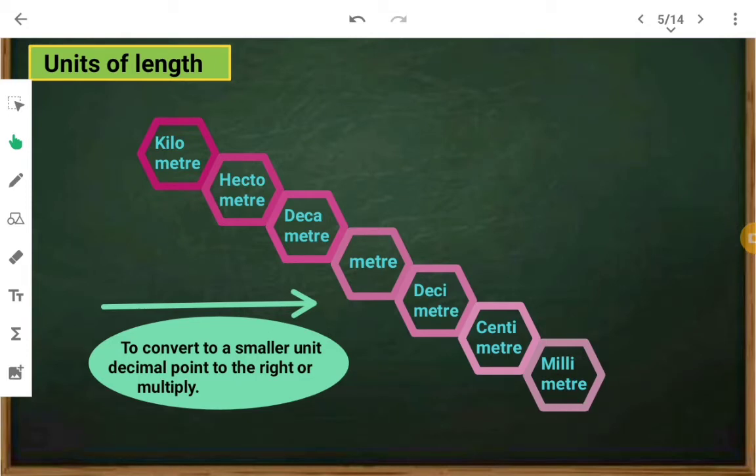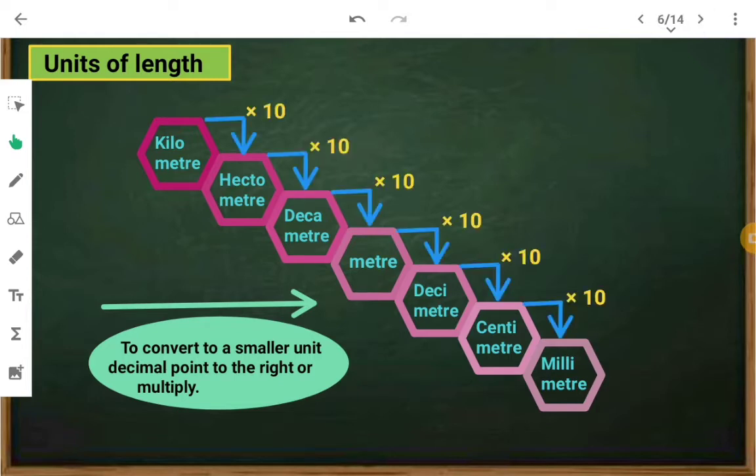First we are going to convert a larger unit to a smaller unit. While moving from larger unit to smaller unit, we have to multiply. If you are going to convert a kilometer to hectometer, we multiply by 10.